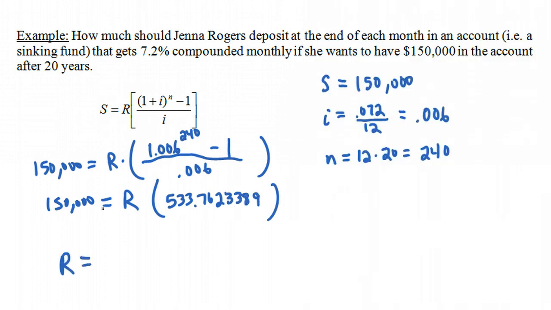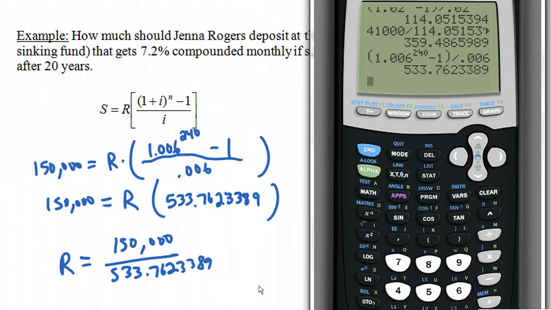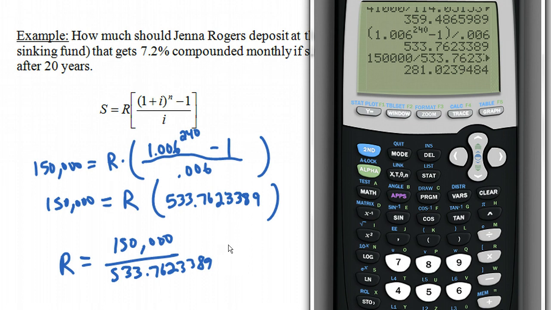Well, R is going to be, we divide both sides by what's in the parentheses here. We're going to have 150,000 divided by 533.7623389, which equals $281.02.